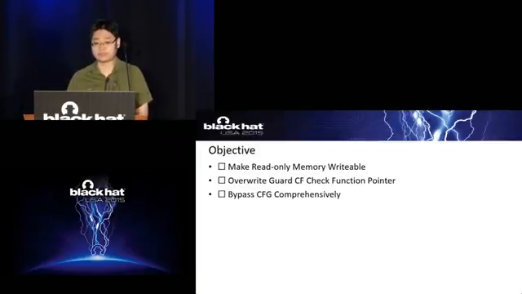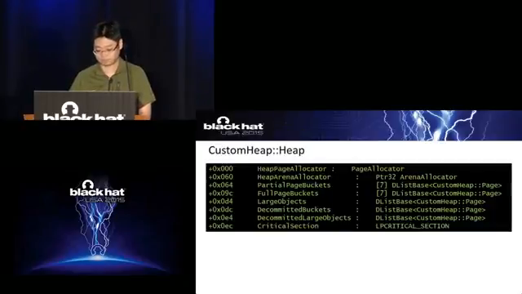It seems crazy, since we cannot execute code now because we haven't bypassed CFG yet. But after some research, I found an interesting class in JavaScript 9. That's the custom heap. JavaScript 9 uses the custom heap to manage its custom memory.